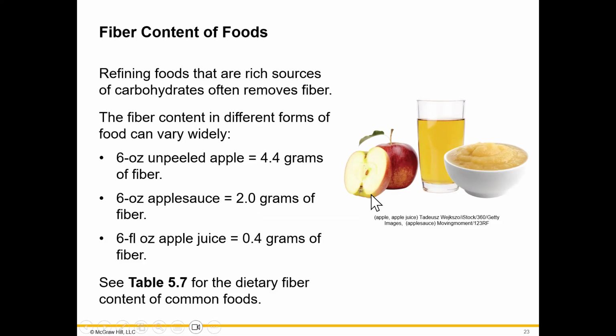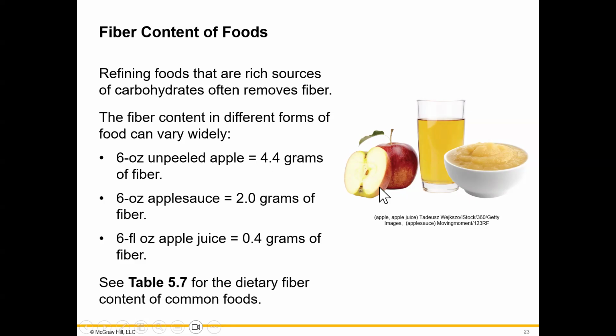Remember way back in chapter 1, we talked about refinement and how food processing along the steps leads to less and less fiber. And you see a good example here. This whole unpeeled apple, peel and all, is about 4 grams of fiber.